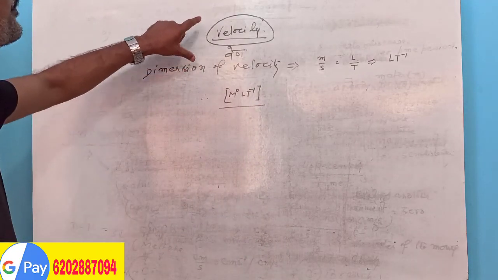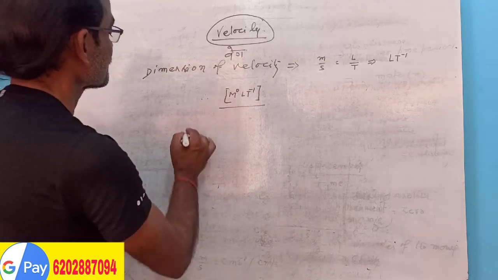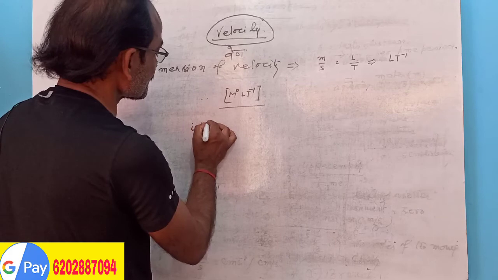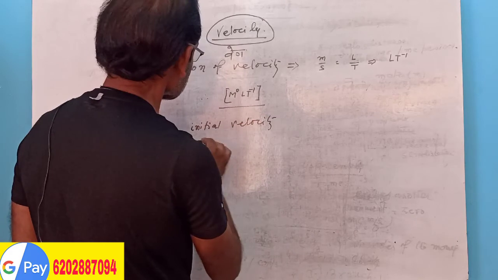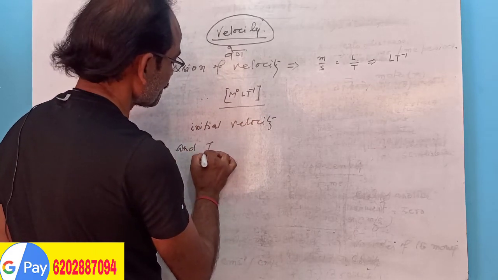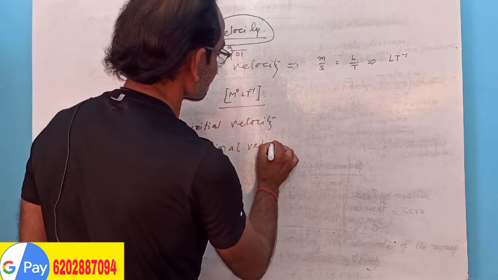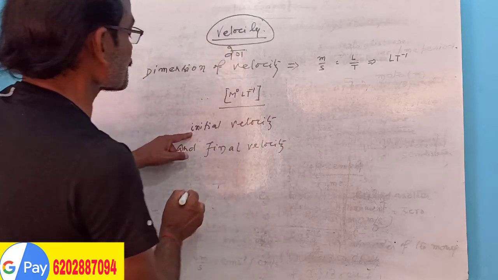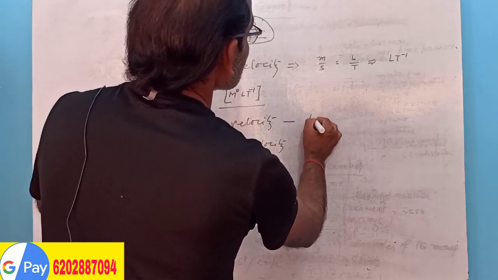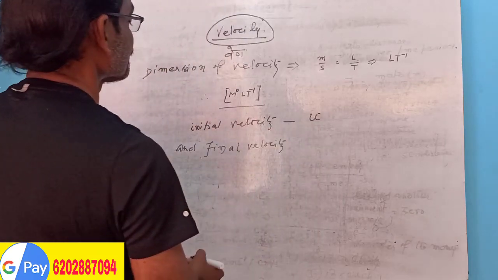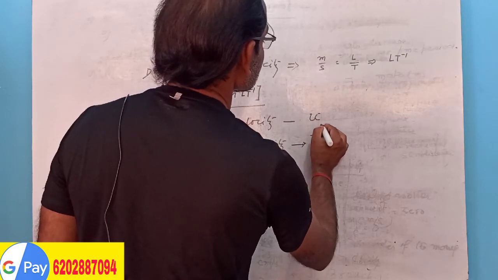Velocity is classified into two categories: initial velocity and final velocity. Initial velocity is represented by u. Final velocity is represented by v.